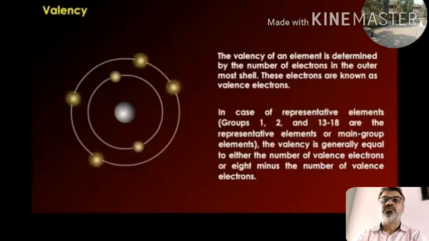Valence electrons are the electrons present in the outermost shell, which are called the valence electrons of that particular atom. In the case of carbon, there are 4 valence electrons.